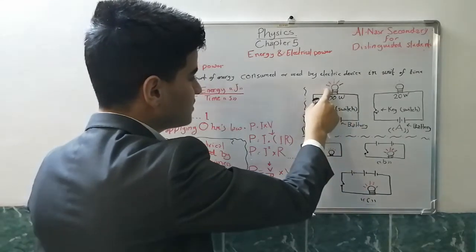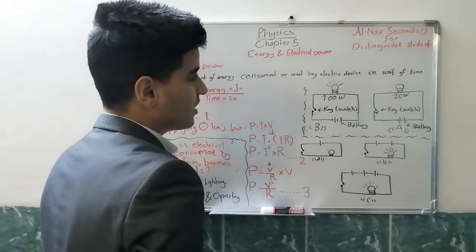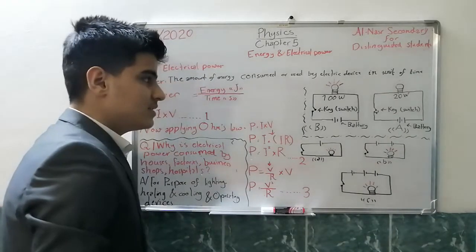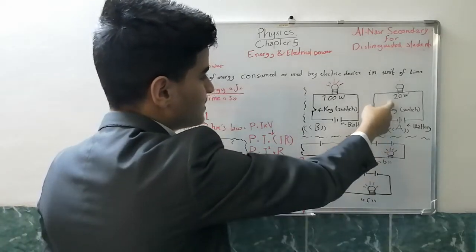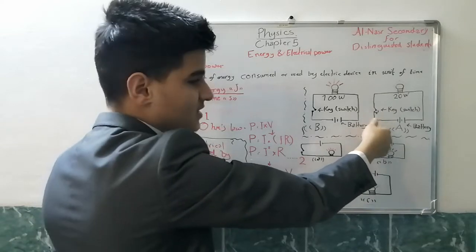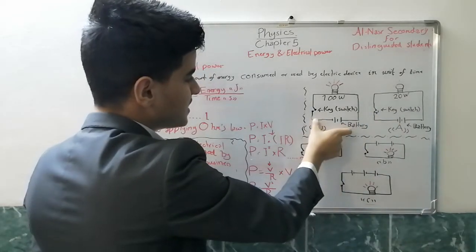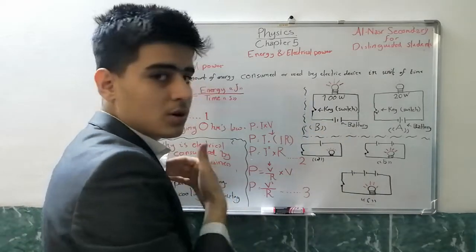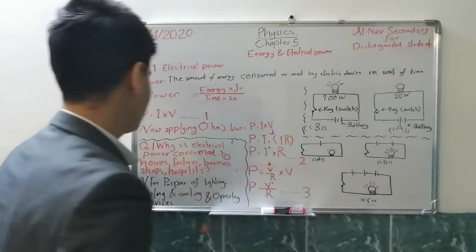So the second lamp will glow sharper than the first lamp, and it depends on the resistance. Why does this glow weaker? Because the resistance in this circuit is higher, and the resistance in this circuit is lower, so more current flows in this circuit.